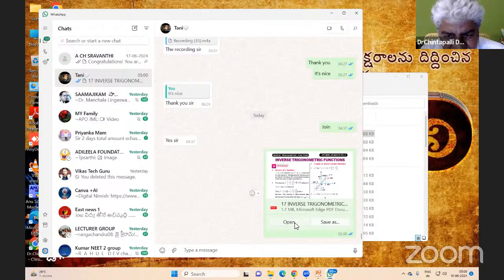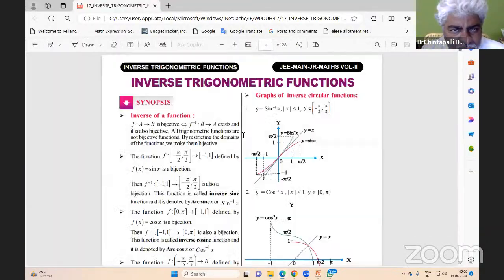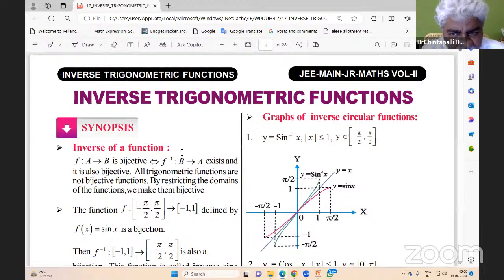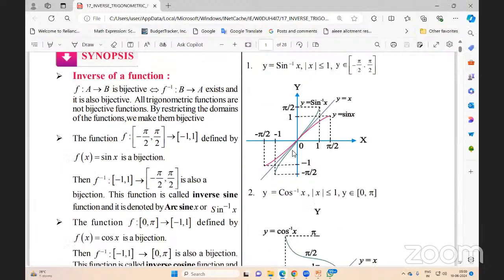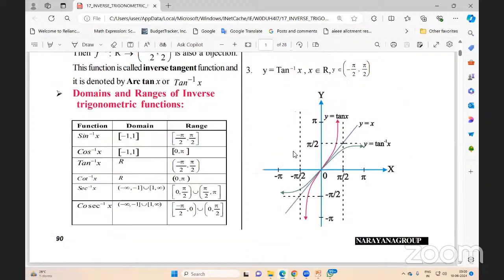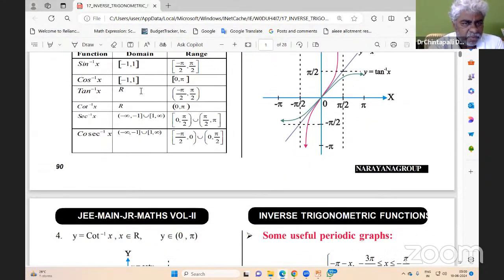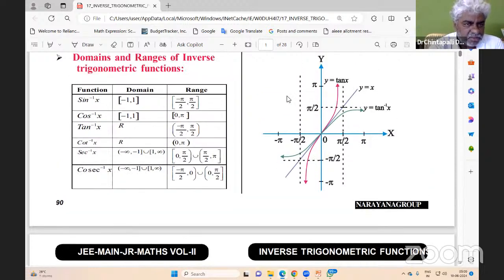In the introduction, the inverse of the function is defined. It's very important. You must note this down. What is the domain of sine inverse x?